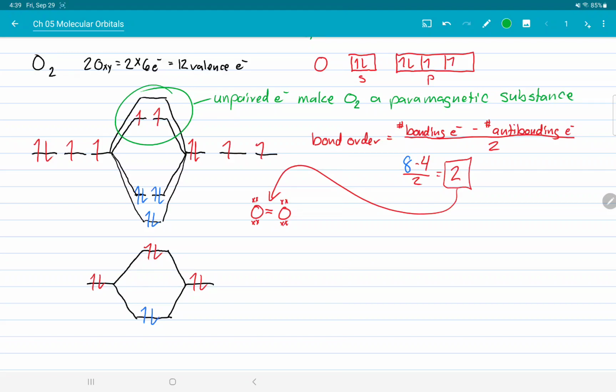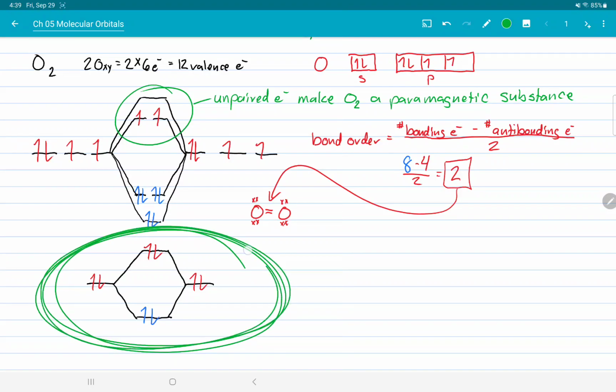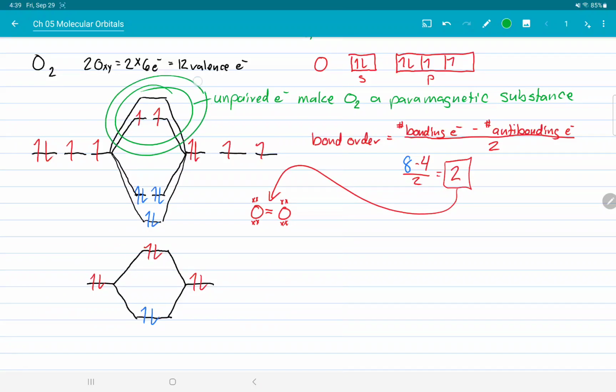It's attracted by magnetic fields. If we'd only had something like this, so like our dilithium has only paired electrons, it would be diamagnetic, and it would not be attracted to magnetic fields. But these unpaired electrons up here make oxygen a little bit special. It will be attracted to a good, strong magnetic field.